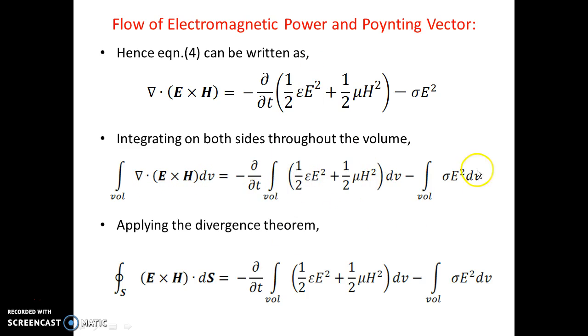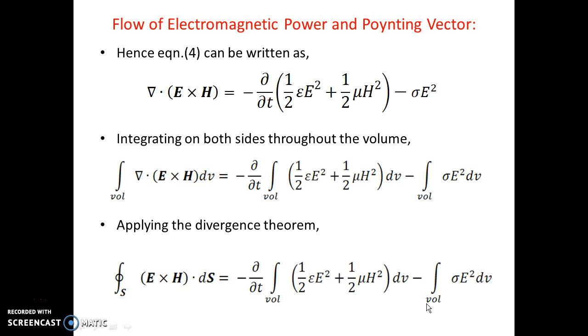If we apply the divergence theorem, which provides a relation between the surface integration and the volume integration, this equation gets converted to this.